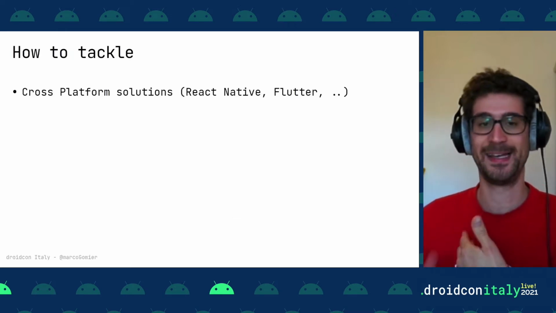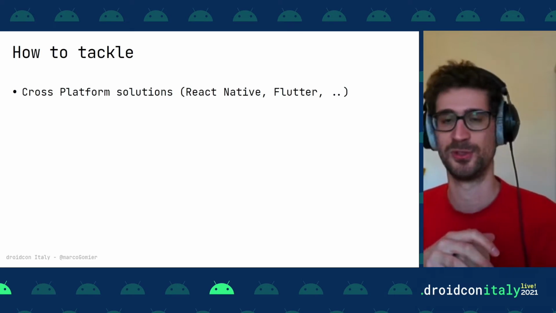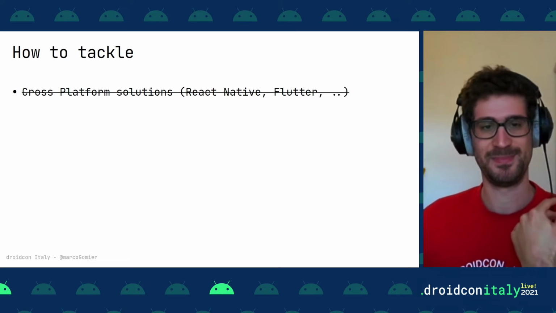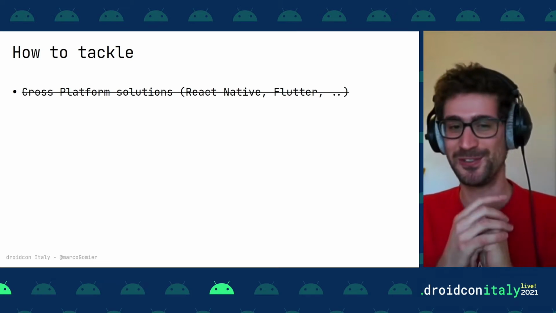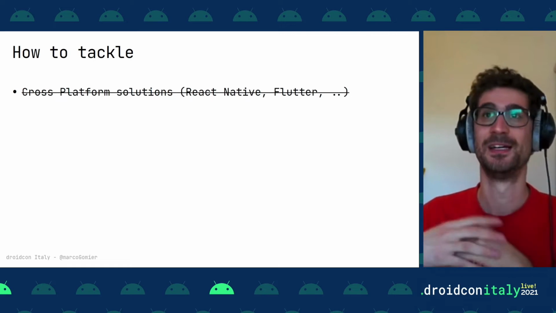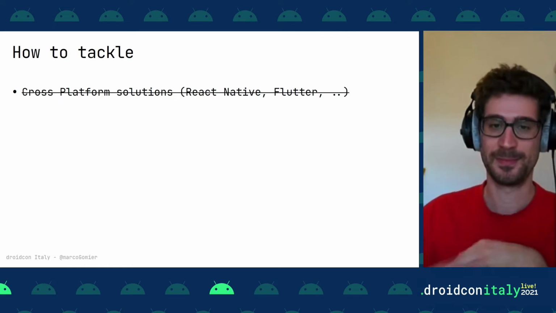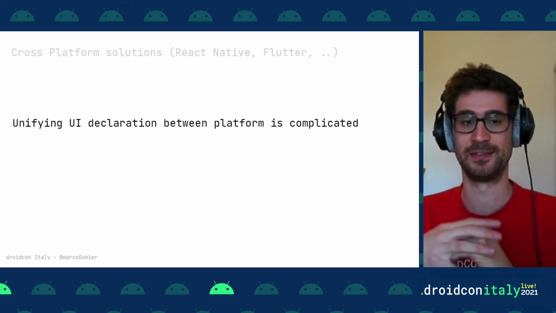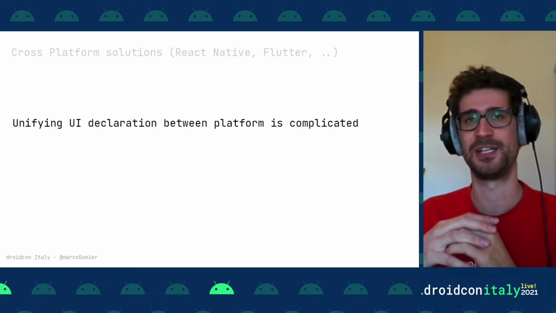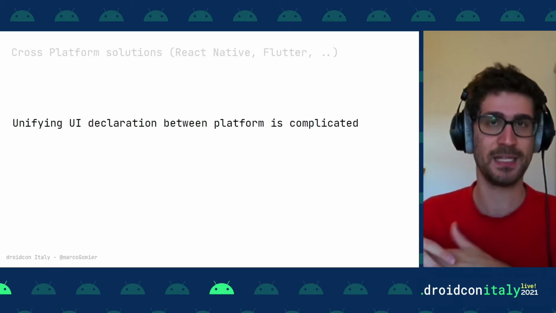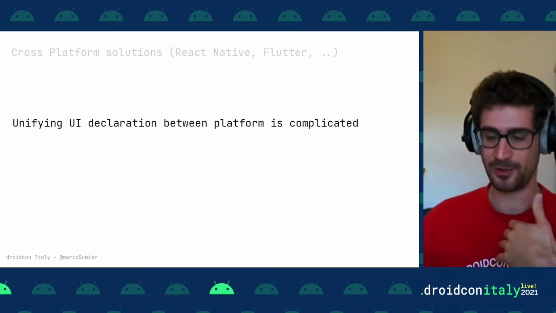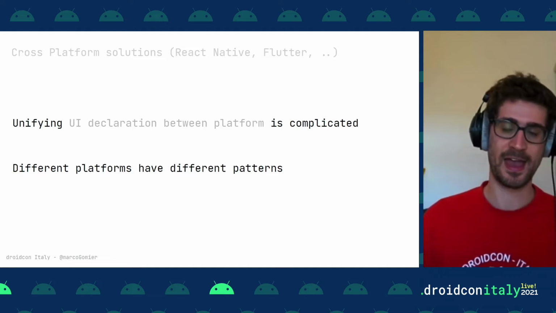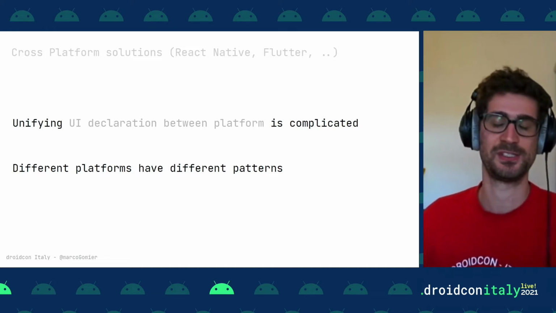Well, for example, we can use a classic cross-platform solution like React Native or Flutter, but yeah, these are not so good solutions for some topics. There are different problems that can come with that, because simply trying to unify the UI declaration between different platforms is complicated and difficult, because different platforms have different patterns, different architecture, different structure.